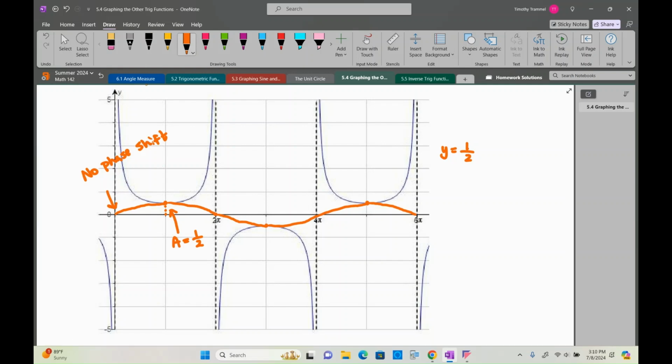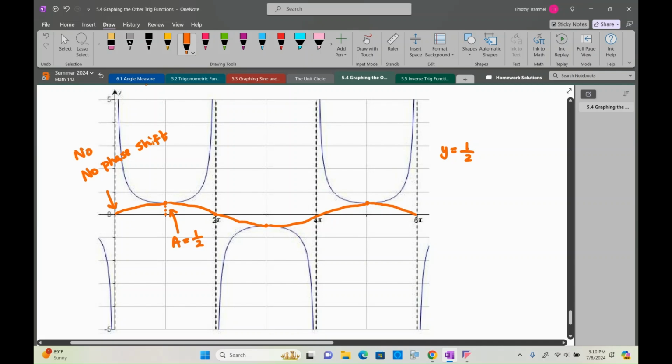I also have no vertical shift, right? The center of the wave is on the x-axis. So that tells me for both of these that, well, C is 0 and D is 0. So the only other value we have to look at is B, which is related to the period.